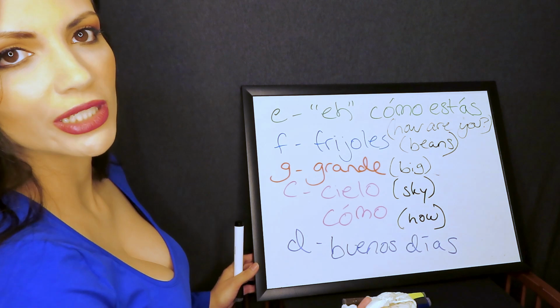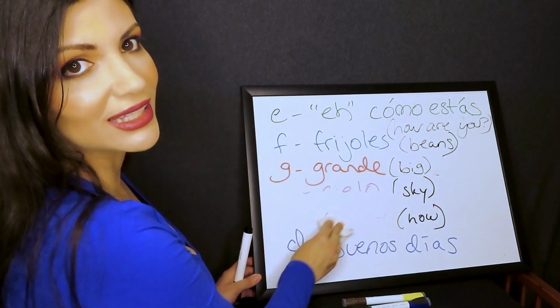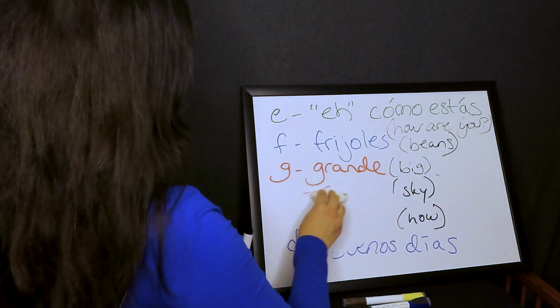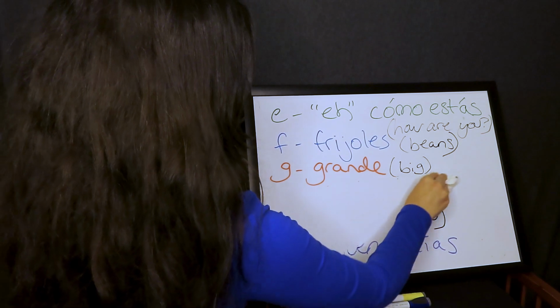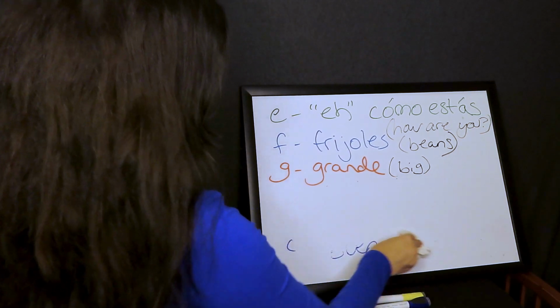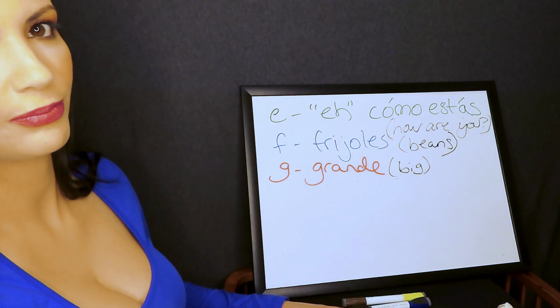And the soft G is used in words like gente. Gente means people.